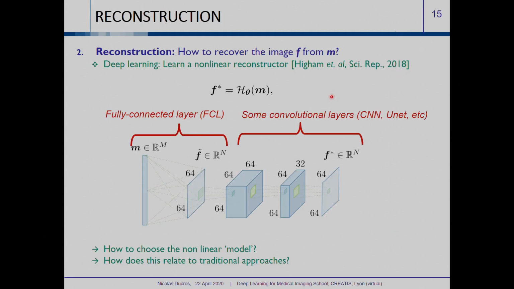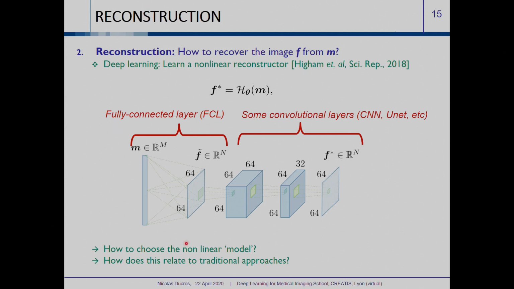In 2018, Higham and co-authors proposed to reconstruct the image using a neural network. The neural network was very simple. The input is the measurement vector, a column vector, and the output is an image f star. This network has two stages.